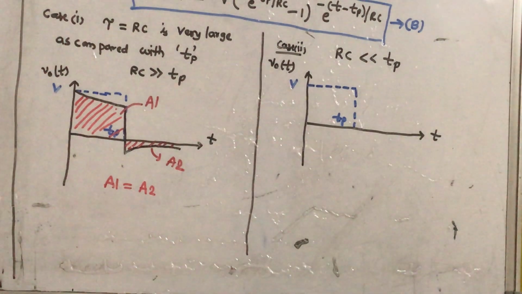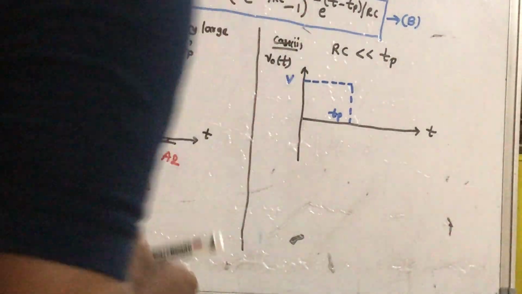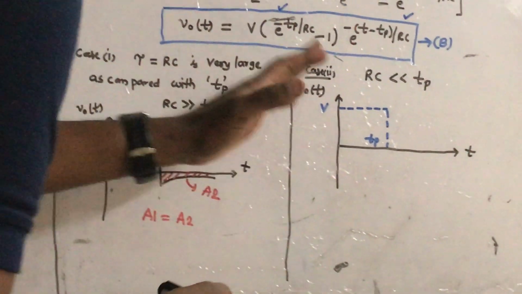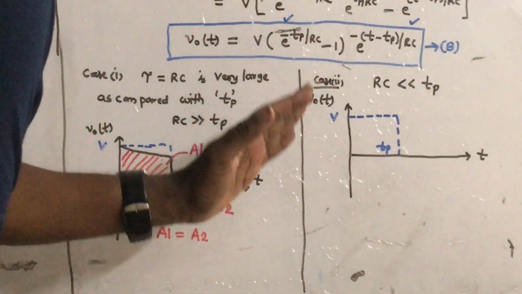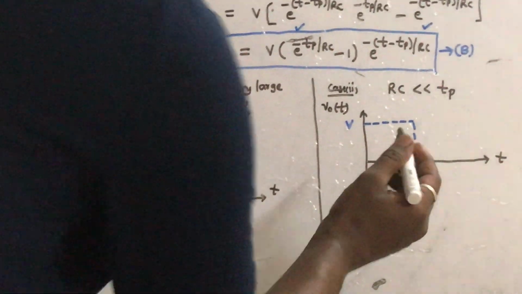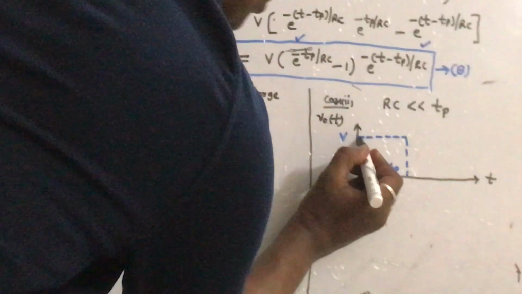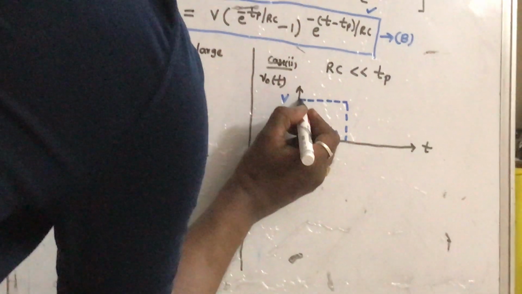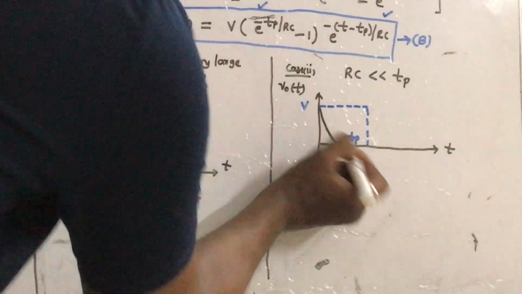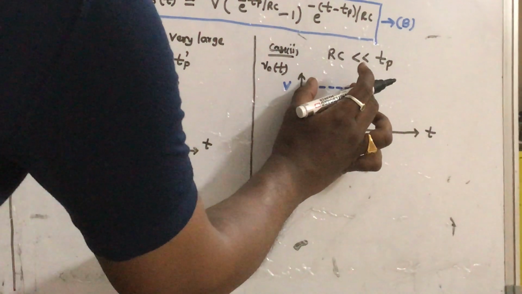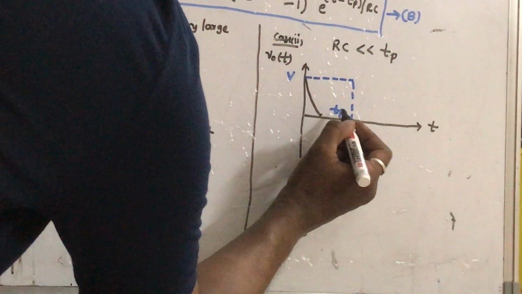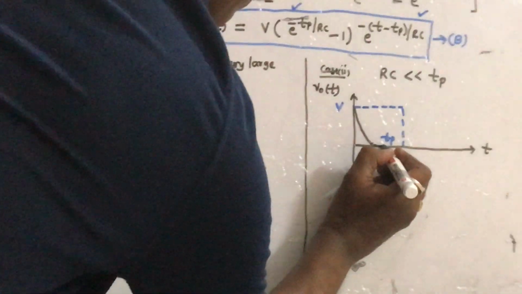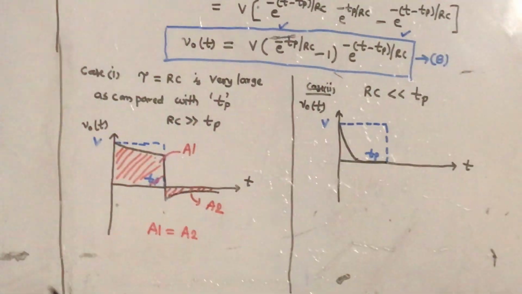Since the time constant is very small, the capacitor quickly charges to the voltage V. Therefore the voltage across the resistor decreases exponentially to 0 within a very short time. Since the input voltage is V, the capacitor voltage will remain the same and the output voltage will remain 0.